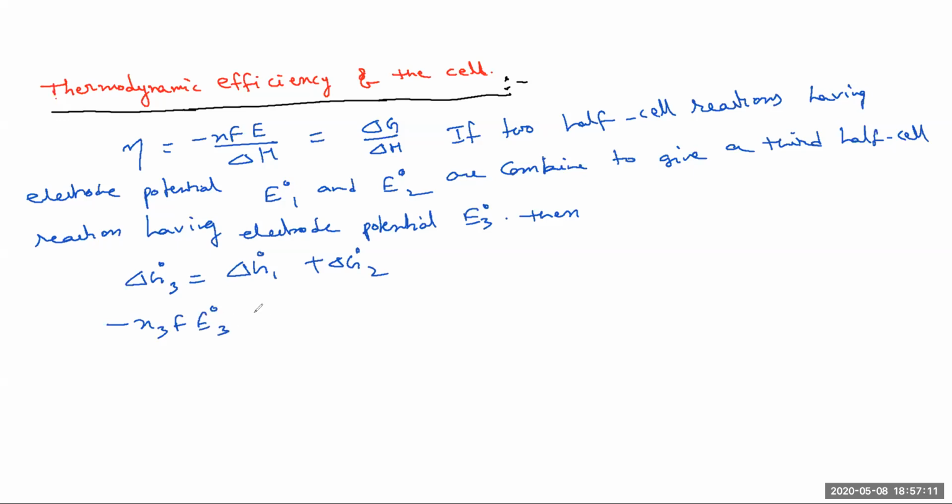Here F is the constant, the remaining two are number of electrons and potential, which are different. Delta G1 means minus n1 F E01, minus n2 F E02, right?